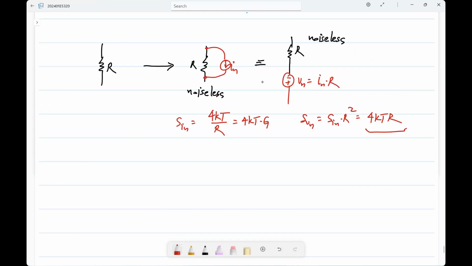Volts. So what's the unit of variance of Vn or mean squared value? Volt square. So now that is the integral of spectral density over frequency. Okay. So what's the unit of spectral density? Volt square per hertz. Of course, you can say times seconds, but it makes sense to call it volt square per hertz because it is density over frequency. And this will be ampere square per hertz.